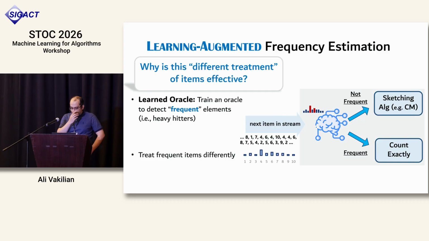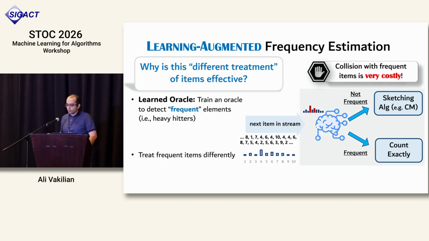At a high level, why is this going to help us? Because collision with a frequent item is actually very costly in these count mean, count sketch type of algorithms. Once they collide with an item, that item has to pay that error, basically the error corresponding to their frequency. So it helps in two ways when we separate them from the rest of the items.